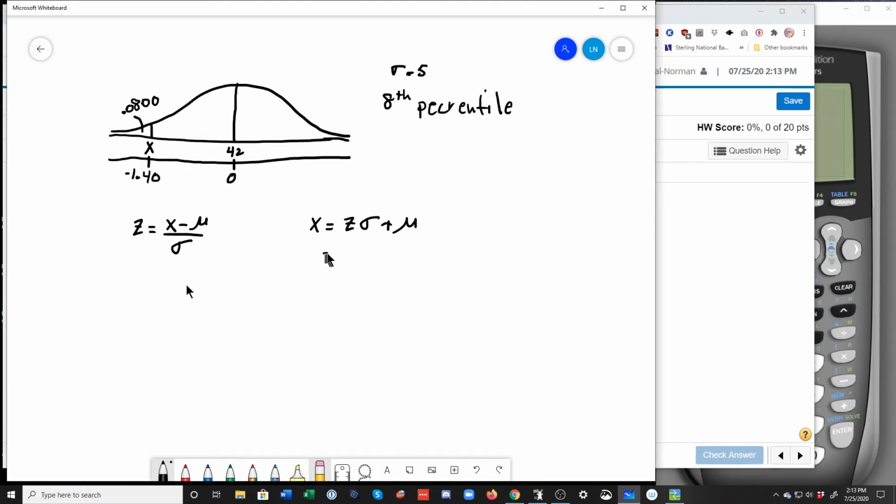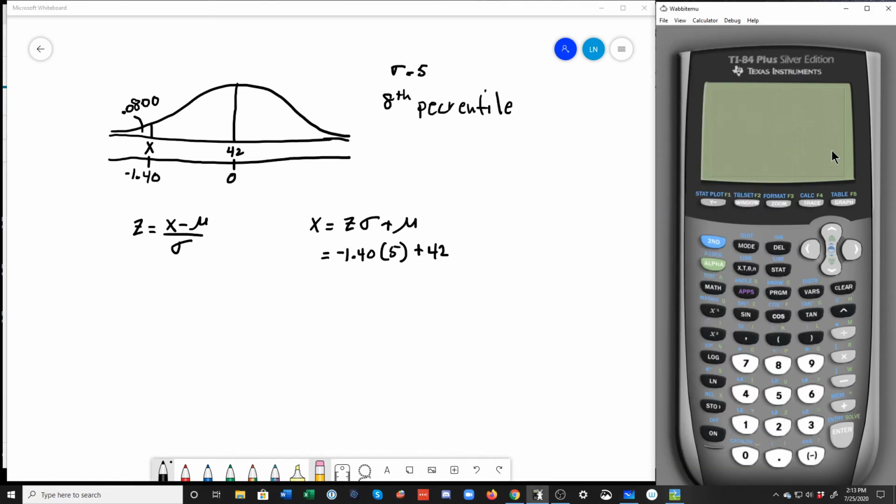So x is going to equal negative 1.40 times 5 plus a mean of 42. Calculator on. Negative 1.4 times 5 plus 42, I get 35.